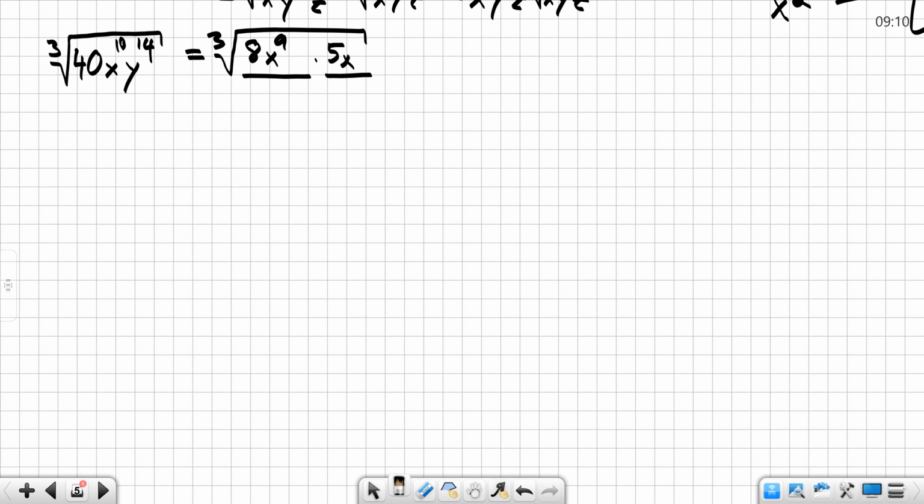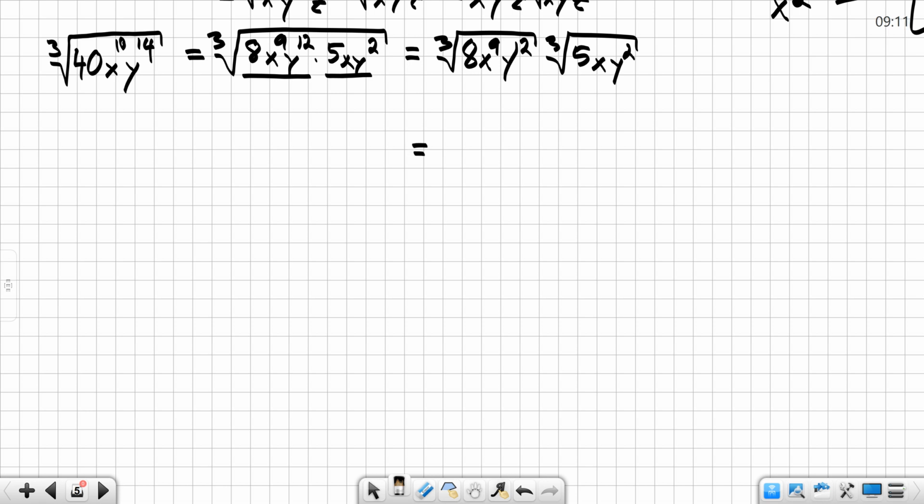Y to the 14th, 14 is not divisible by 3, but 12 is, and I still have y to the 2nd power left. Now I split it into two radicals: the cubic root of 8 x to the 9th times y to the 12th, multiplied by the cubic root of 5xy squared.